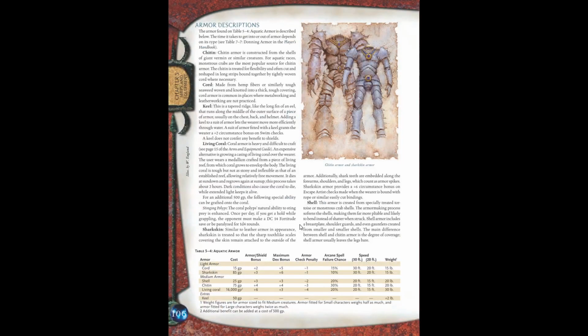Let's see. Armor! Including this really expensive option called Living Coral, which costs 16K for just normal Living Coral. This armor is literally grown on you in order to get it to be the right shape, by the way. I mean, it makes sense if it's artisan built just for you.